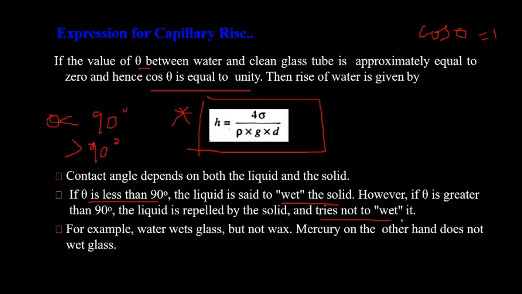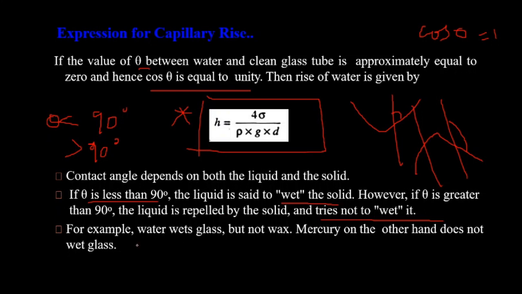If theta is less than 90 only, it will wet the solid and it will rise up. If you follow this meniscus, the angle should be below 90 degree. If it is capillary depression, the theta value will be more than 90.